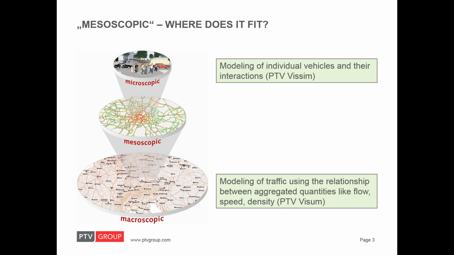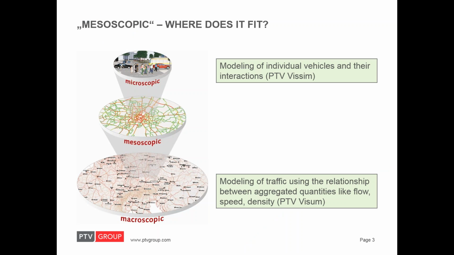So in transport modeling, we usually distinguish between different modeling levels depending on the detail that is taken into account. On one side, here shown on the top, there is a microscopic view where individual vehicles and the interactions with their neighbors are modeled. This is typically based on car following and lane changing models.